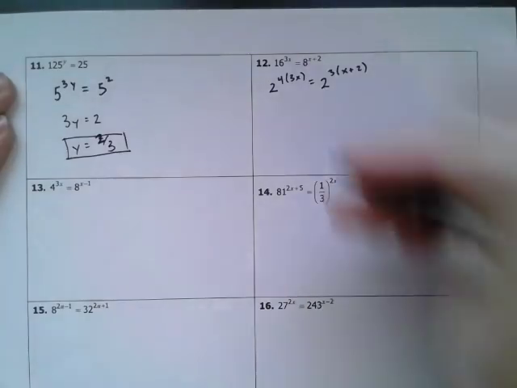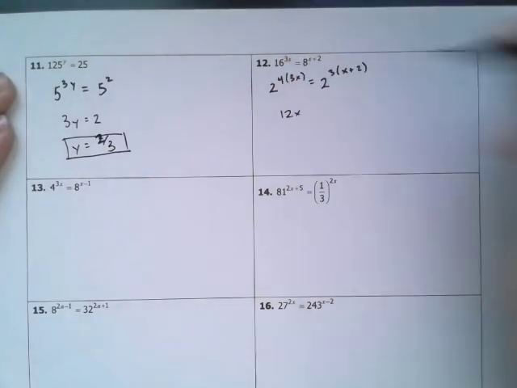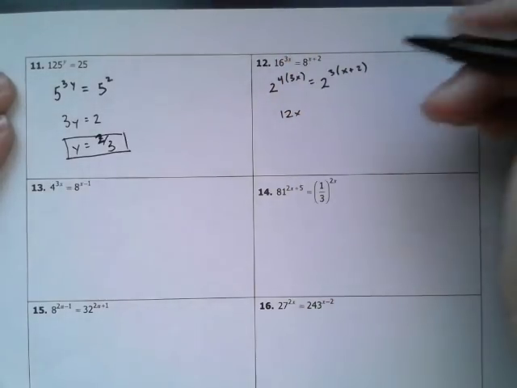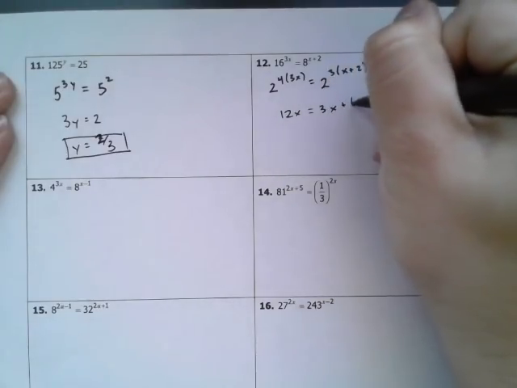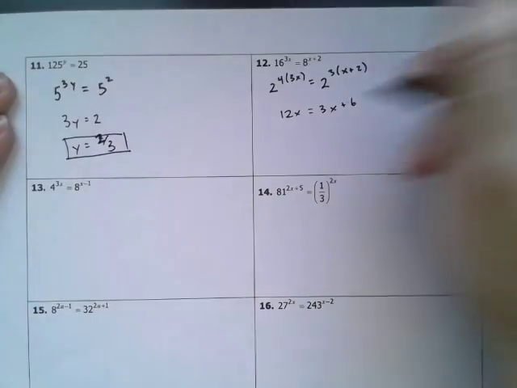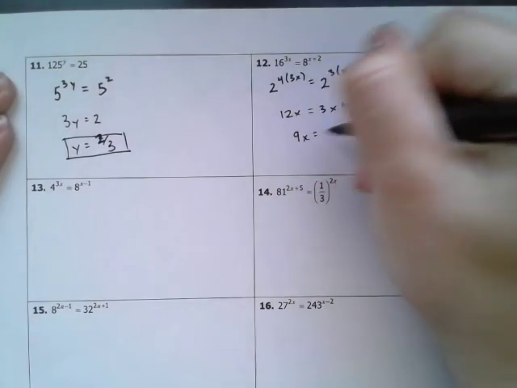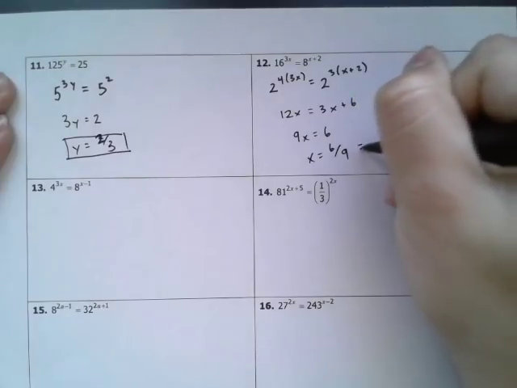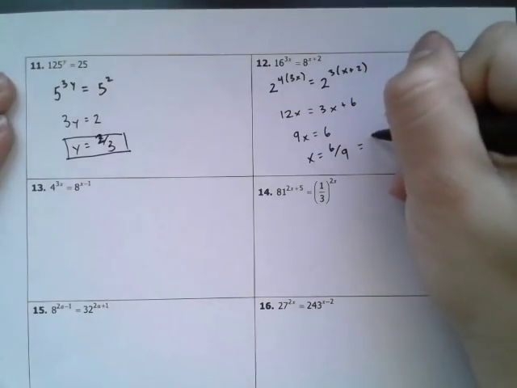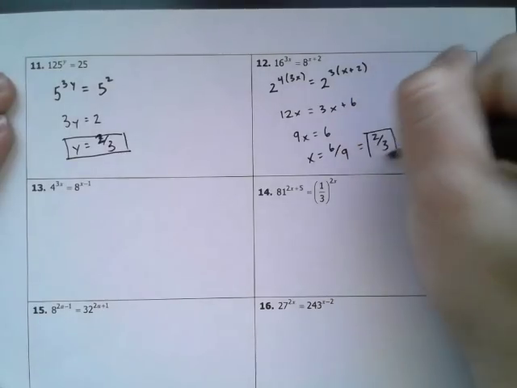Now I have the same base, so I have 12x, that's when I multiply the 4 and the 3x. That's equal to 3x plus 6. Then I get 9x is equal to 6. x is equal to 6 over 9, and that's equal to 2/3.